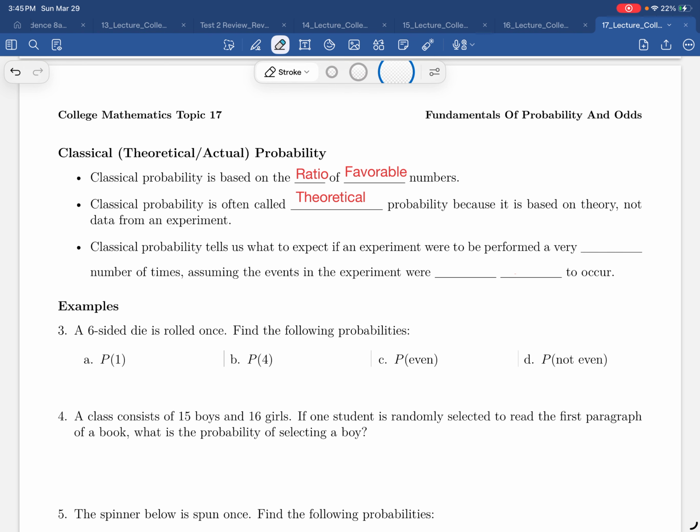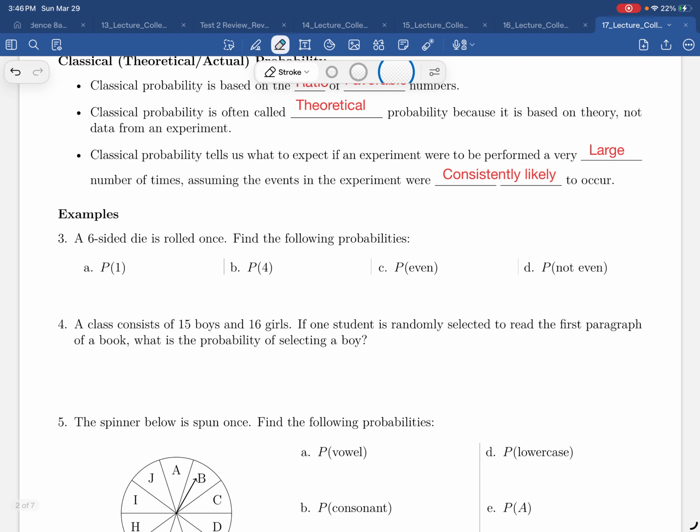Okay, so a 6-sided die is rolled once. Find the probability of each of these occurring. Well, the probability of rolling a 1: we know that they could get a 1, a 2, a 3, a 4, 5, or 6. So for the probability of getting a 1, you can see there's one way to get a 1, and then there's 1, 2, 3, 4, 5, 6.